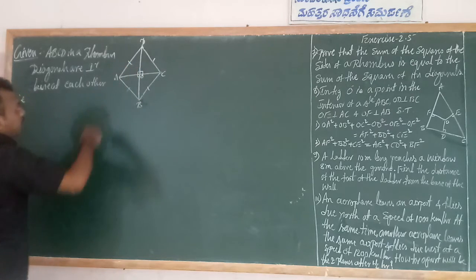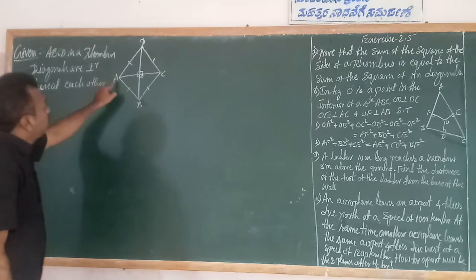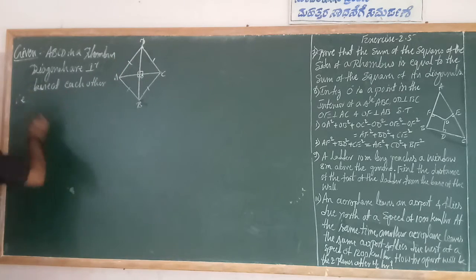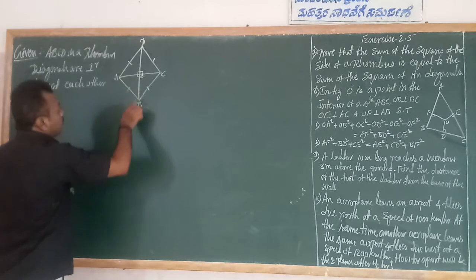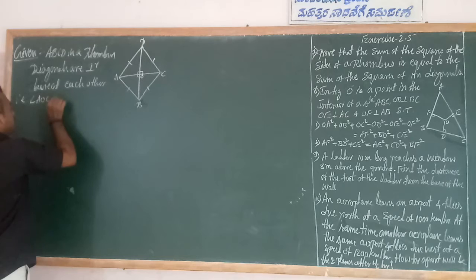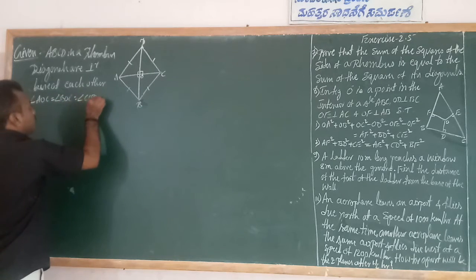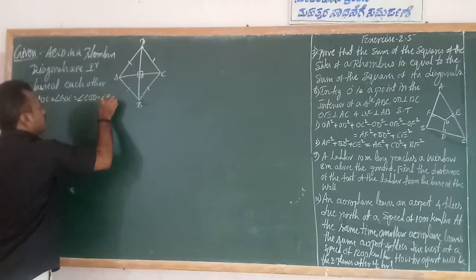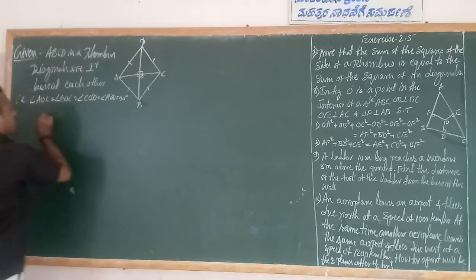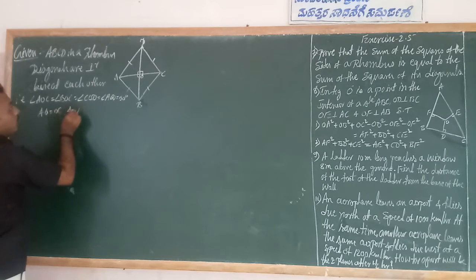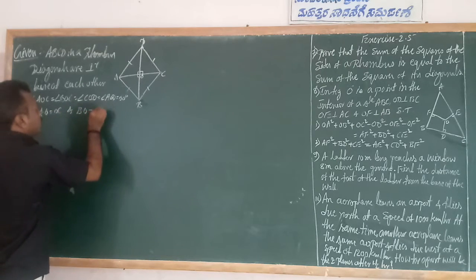Here AC and BD are the diagonals. That means angle AOB, angle BOC, angle COD and angle AOD are each equal to 90 degrees. And also AO is equal to OC and BO is equal to OD.